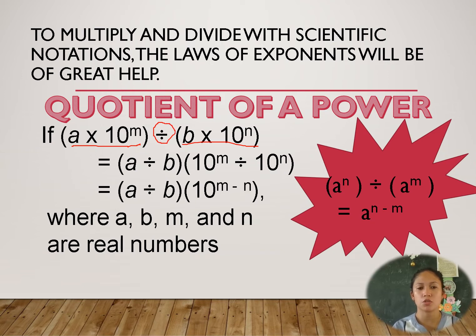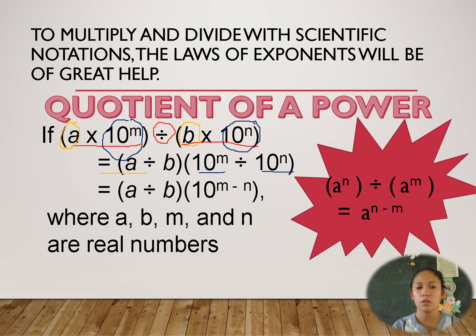So the first thing that you should do is divide the first factors. The first factor here is a, divided by the first factor of the second scientific notation, b. So we have a divided by b, and then the second factors: 10 to the power of m divided by 10 to the power of n.